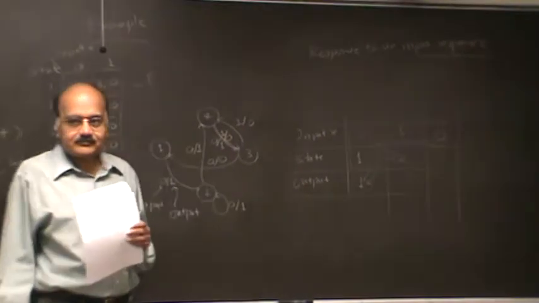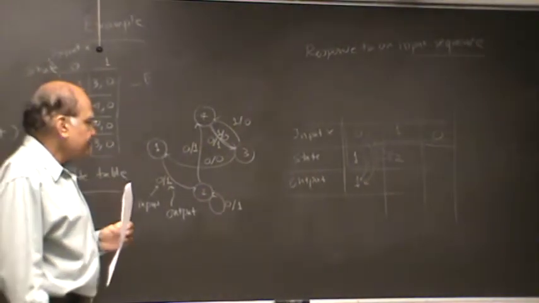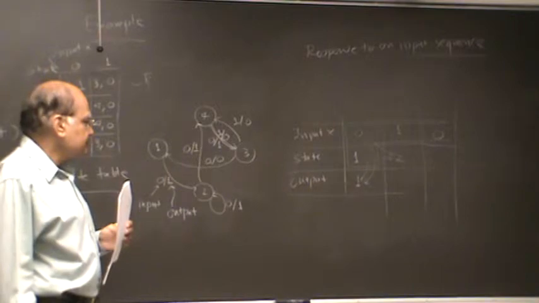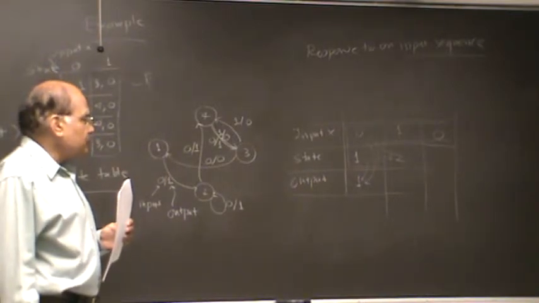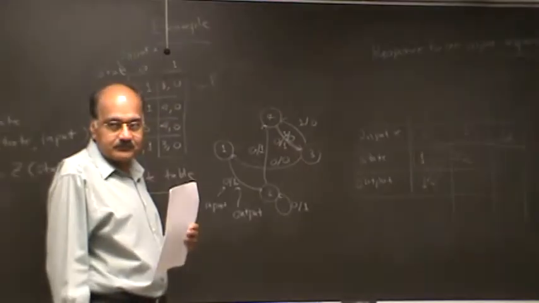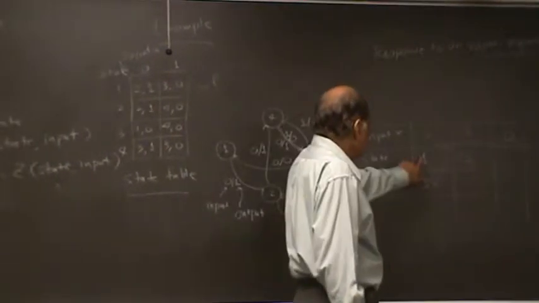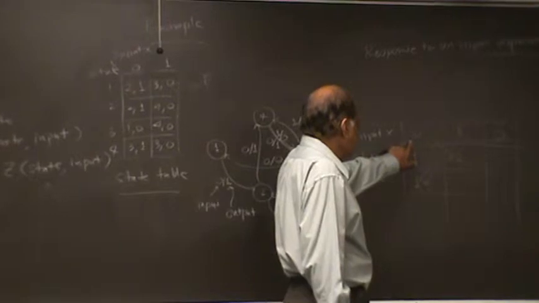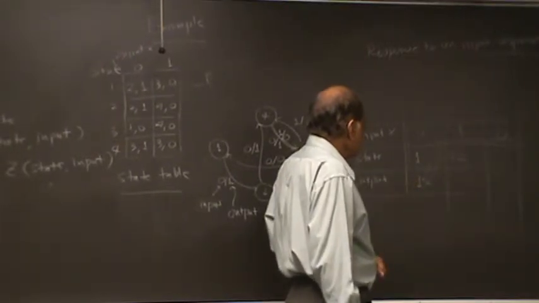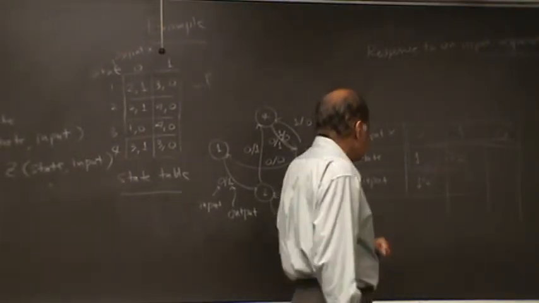Notice that the output depends on the present state. So this is the output, and it depends on the present state and the current input. So this is how it is, and this is going to be the next state.